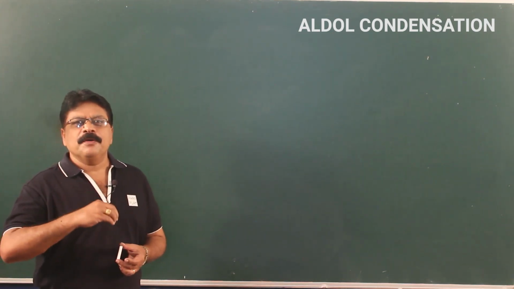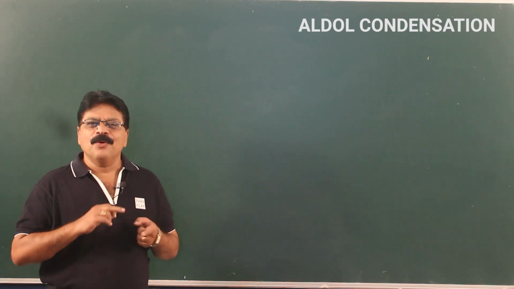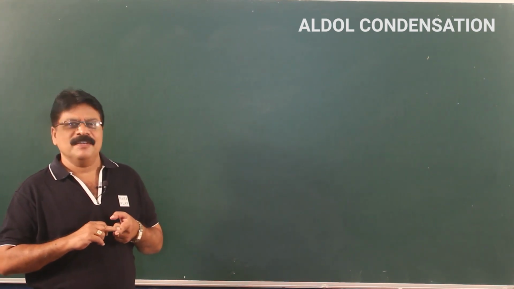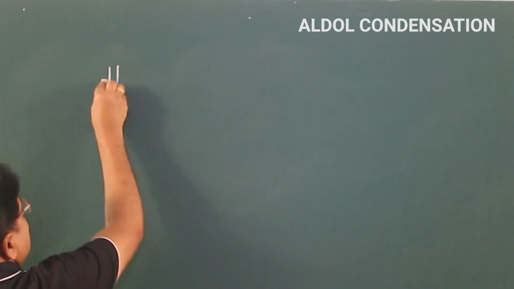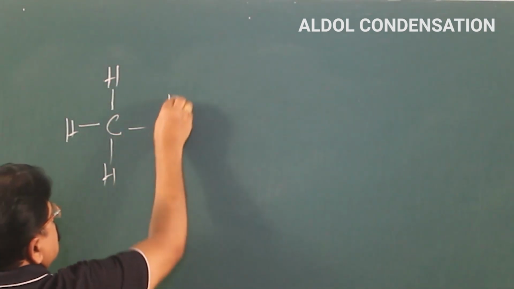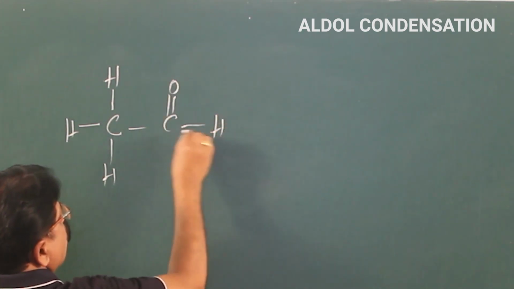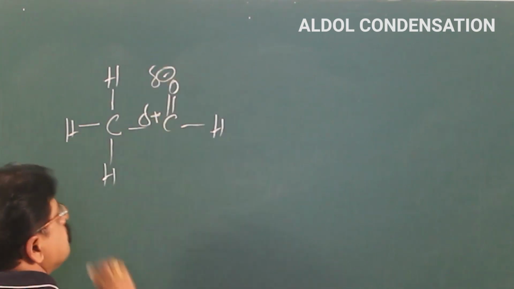Now, we will talk about the mechanism of this aldol condensation reaction. What is the significance of the alpha hydrogen? This is an aldehyde which has an alpha hydrogen. All of us know the carbonyl group is a polar group.